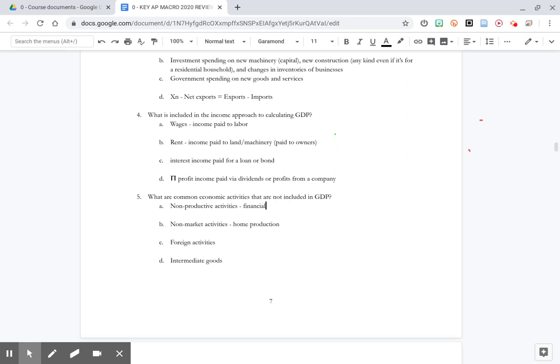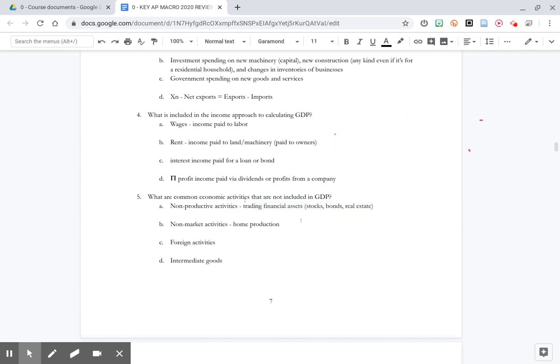So I'm going to make this first one just a little bit clearer. Trading financial assets: stocks, bonds, real estate. And just to be clear, before I get too far into this, the financial assets themselves do not count into GDP, but the income that you get from them very well could, but it's not necessarily the buying and selling of them.